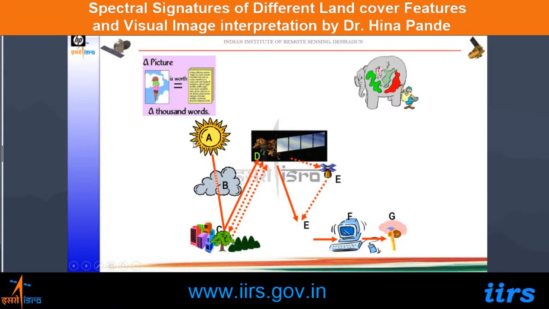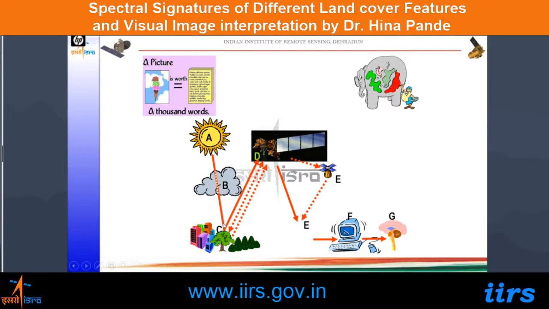The sun, being a free and most commonly available source of energy, is one of the most commonly used energy sources, and we use the electromagnetic radiations from the sun which travel through the atmosphere and interact while they travel through this atmospheric cover. They interact with the constituents of the atmosphere like gases, water molecules, smoke, fog, anything that they encounter.